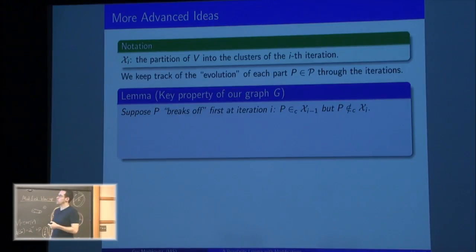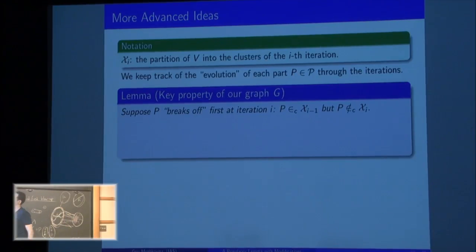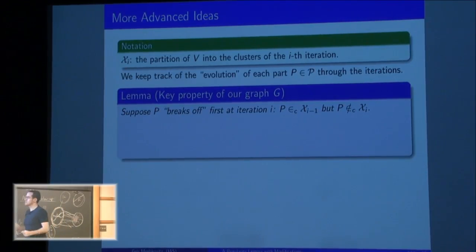So here is the key property of our graph. Suppose that this part P breaks off first at iteration i. Here C is some constant, and in the partition into the big clusters Xi minus 1, the part P is mostly contained in one of them.